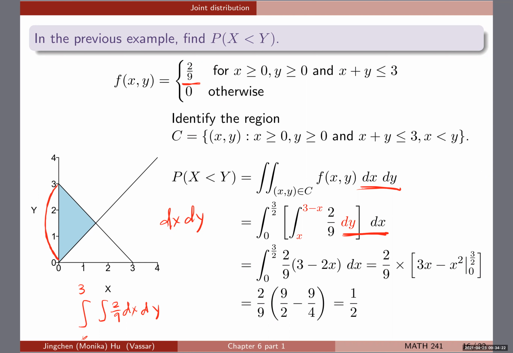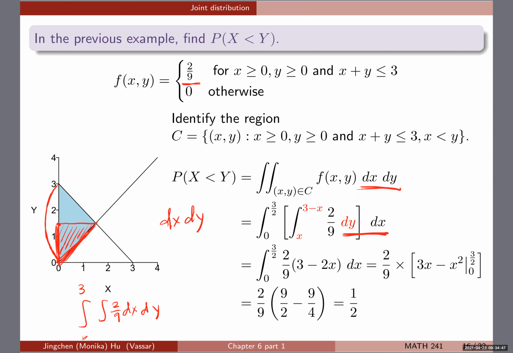One thing I will give as a hint is that you will need to break it into two integrals to do this. When your y is from 0 to 3/2, then you have this particular range for your x. I think in this case the upper bound and the lower bound are these two.